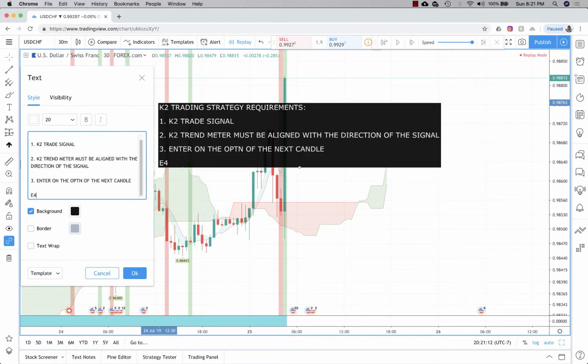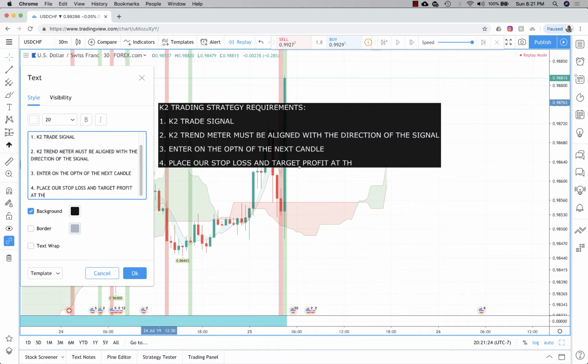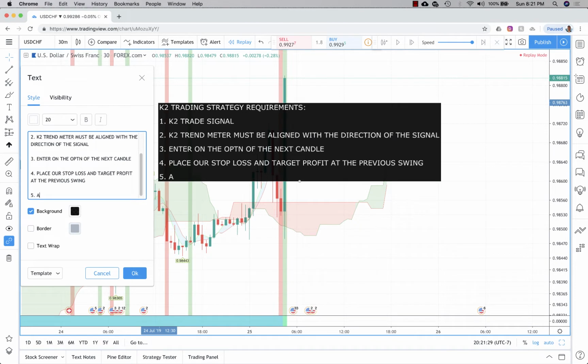Then after that, we would place our stop loss and target profit at the previous swing. And lastly, apply the K2 exit strategy.